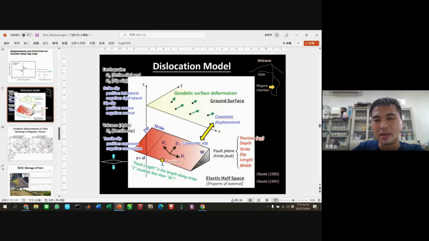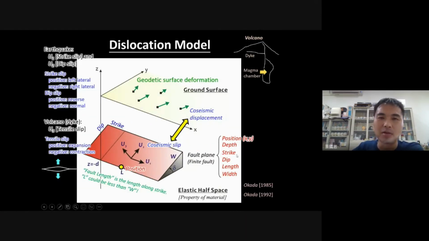And same idea. If we want to know how much energy is released on the fault during the earthquake, based on the surface deformation during the earthquake, then we always need a numerical model. So this numerical model associated with the fault is a dislocation model.